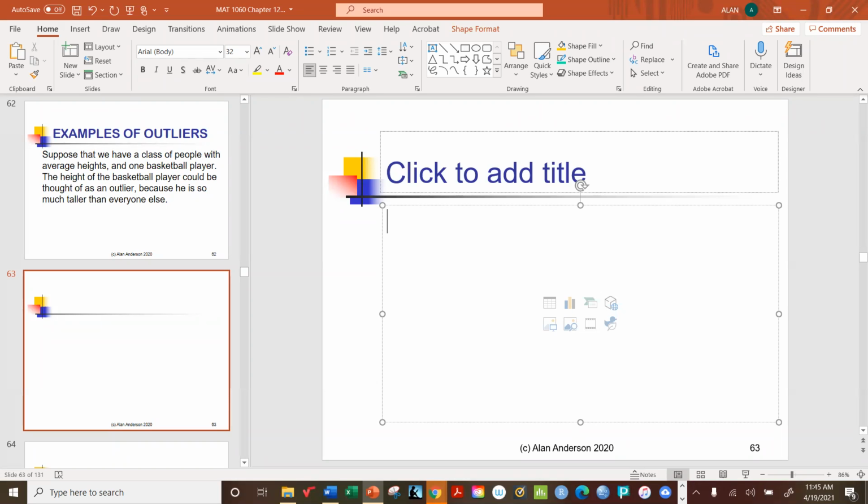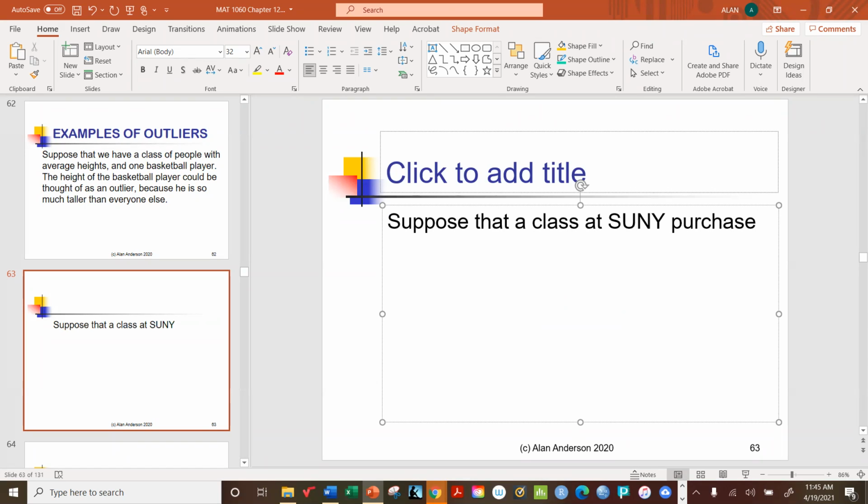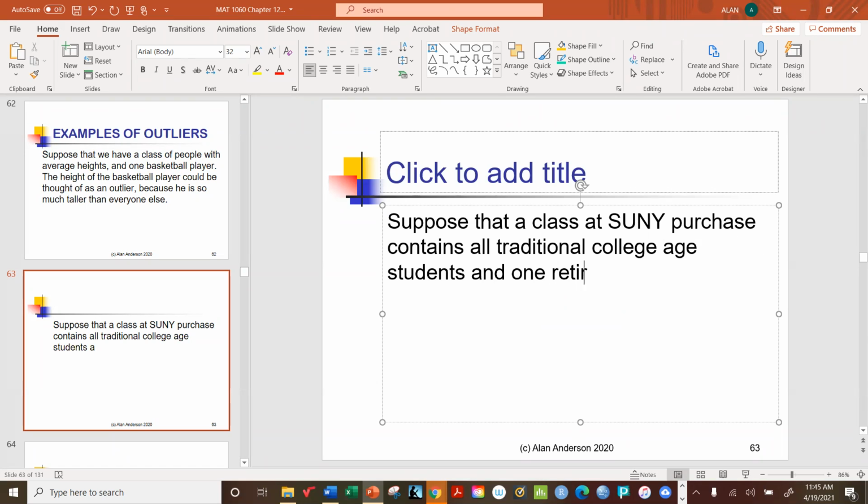So imagine that, suppose that a class at SUNY Purchase contains all traditional college-age students and one retired person who is 75.